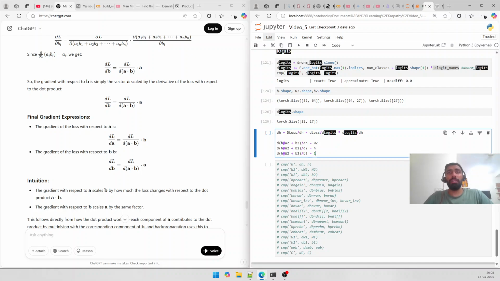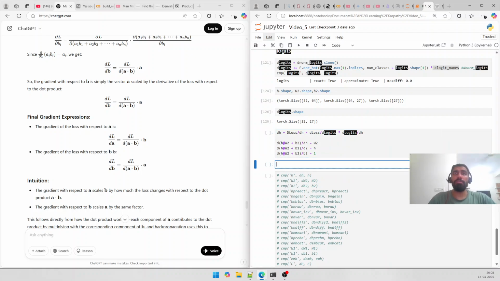But let me calculate that and see how it goes. So dh will be equal to w2 into d logits.